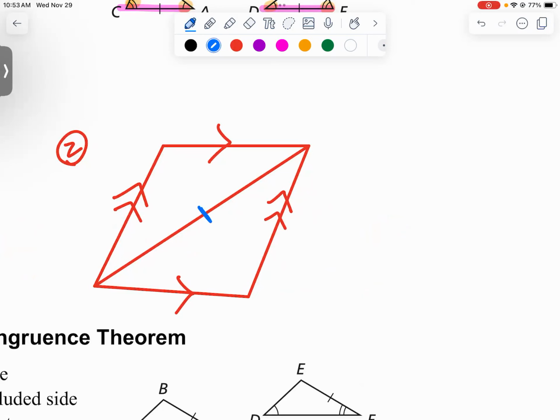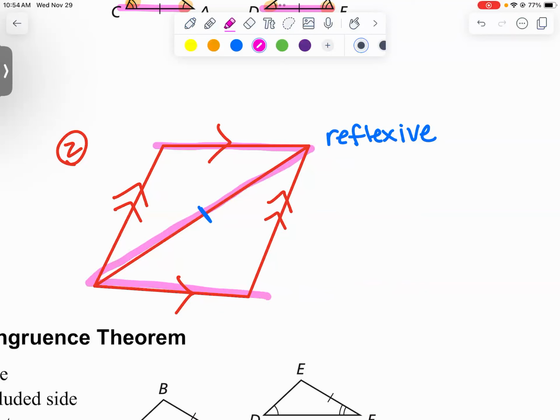Okay, we do have the reflexive property. That gives me a side. What else? Alternate what? Oh, thank you. So here we have parallel line, transversal, parallel line. So I know that these two are congruent. Do you see it? And so these two are congruent.